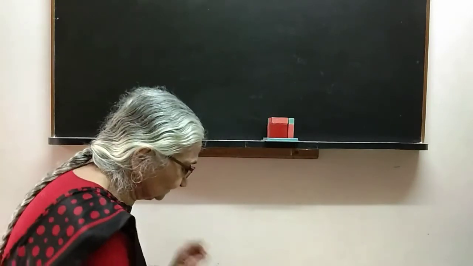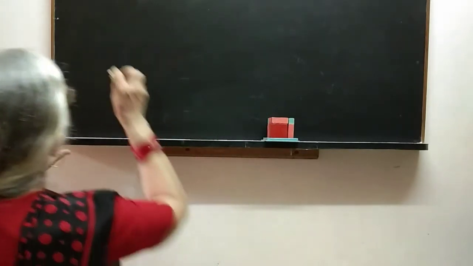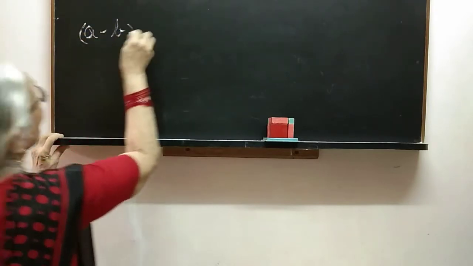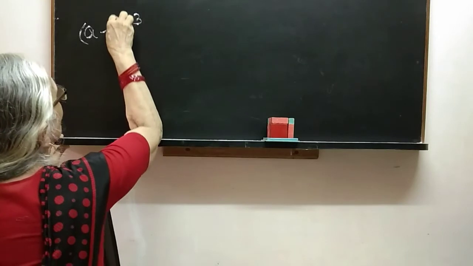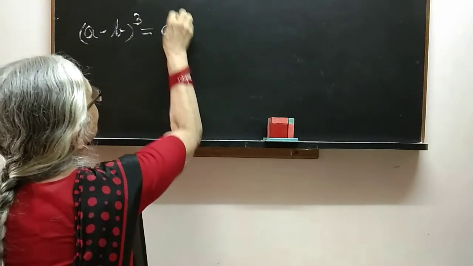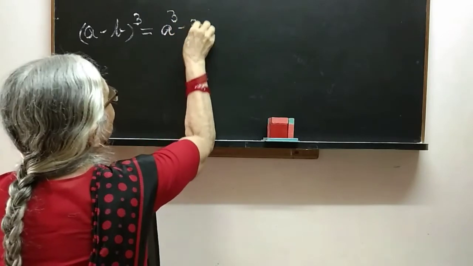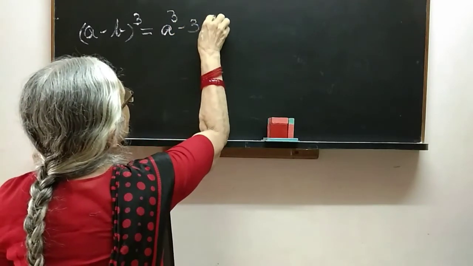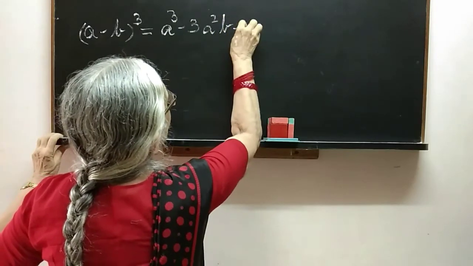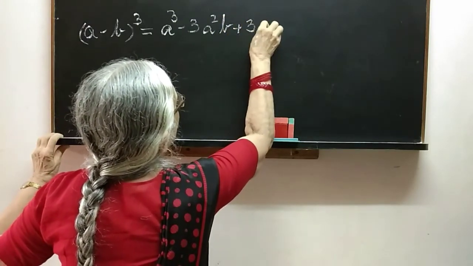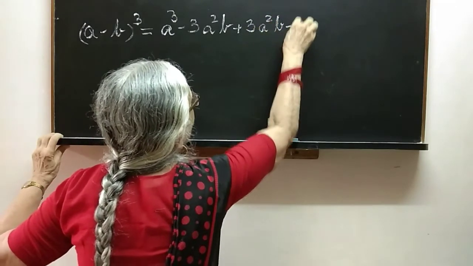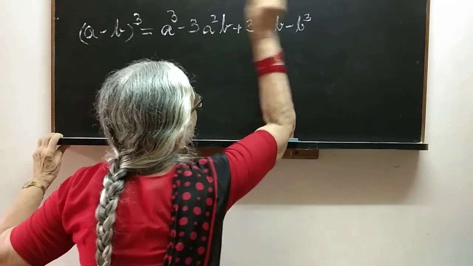What we'll do is, first of all, as you all know, the identity is a minus b whole cube is equal to a cube minus 3a square b plus 3a square b minus b cube.